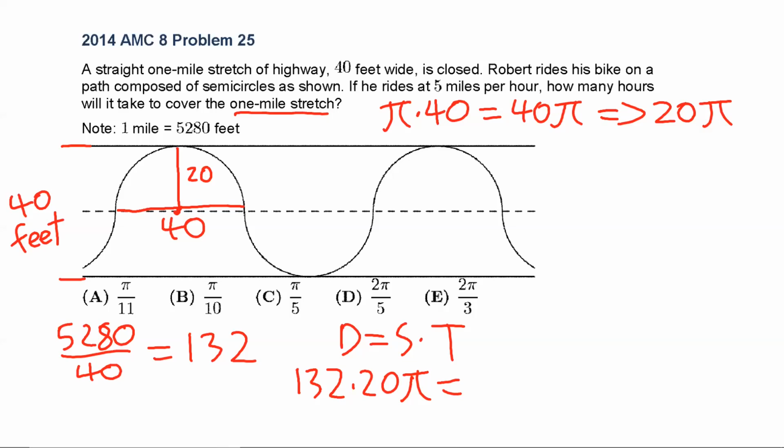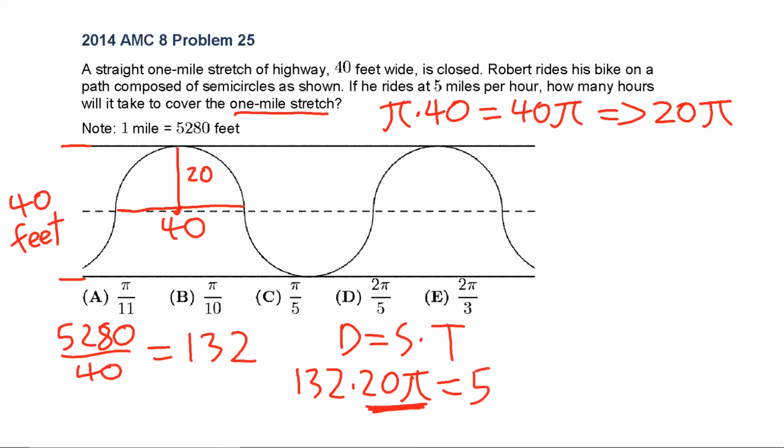And keep in mind that we would actually have to convert 5 miles per hour to feet, because I believe our 20 pi here is actually in feet. So what we really need to do is convert 5 miles per hour to feet per hour.